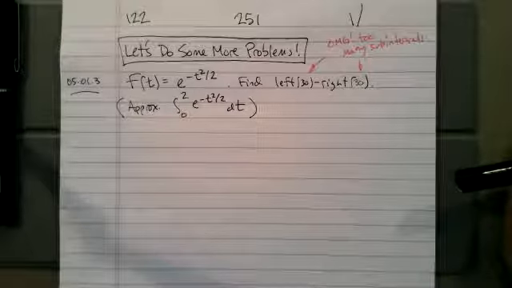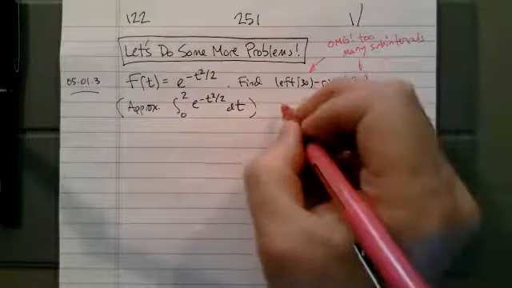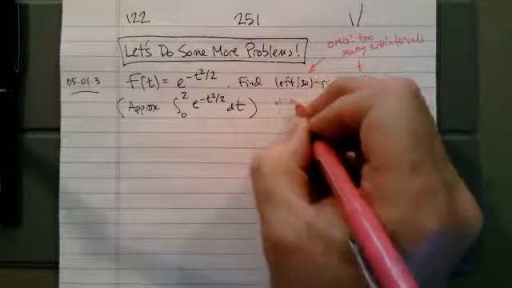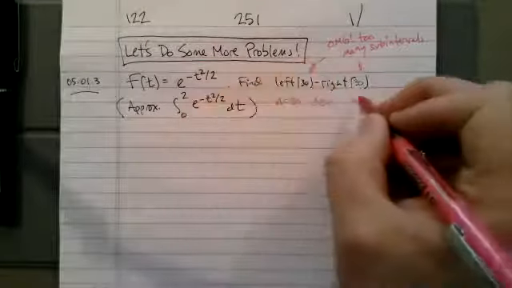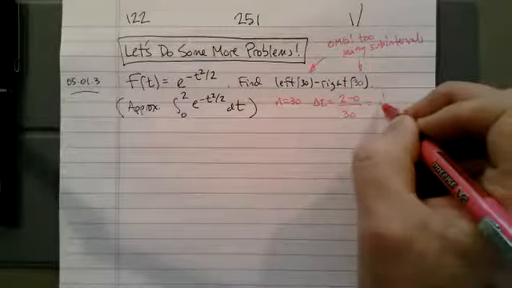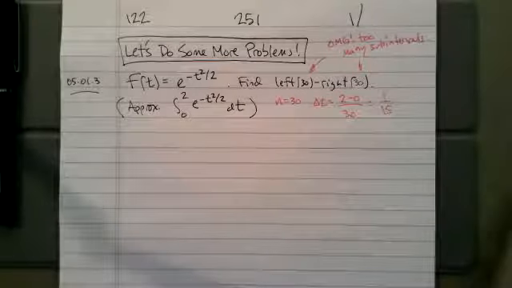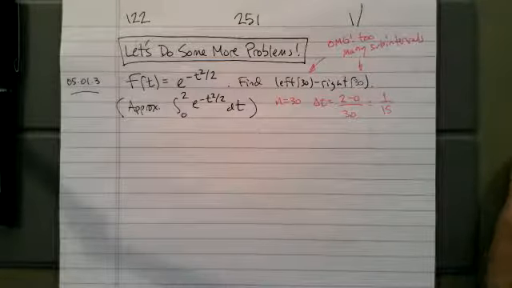We want the difference between the left and right approximations when we use 30 subintervals. Since n is 30 subintervals, our delta t is going to be the difference in the endpoints, 2 minus 0 divided by 30, or 1/15 of a unit.